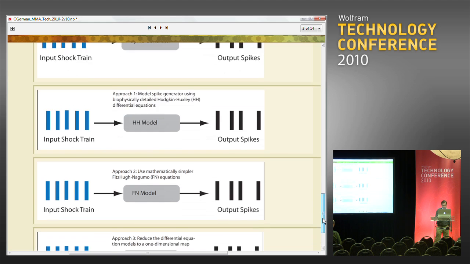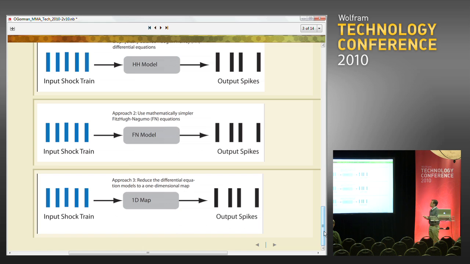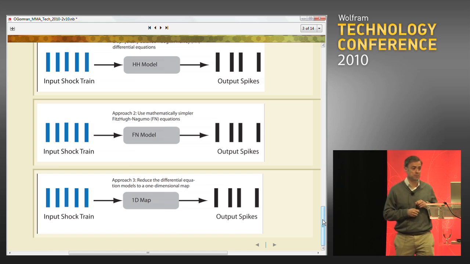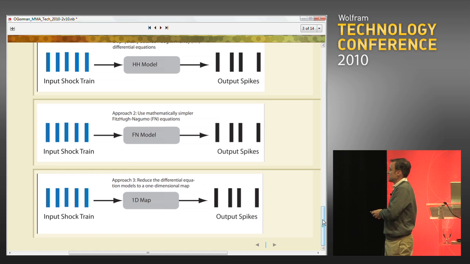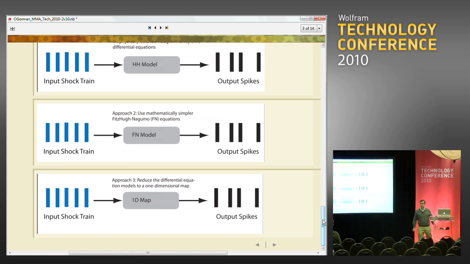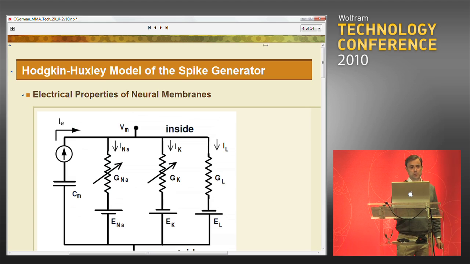But what I'm really interested in, what I'm currently exploring, is whether it's possible to reduce this more radically to a one-dimensional map description that might allow you to get some geometrical insight into the properties of the spike generator. That would also give you insight into this fundamental input-output relationship, which might, in principle, allow you to adjust your shock train to produce the best output for the person's hearing perception.